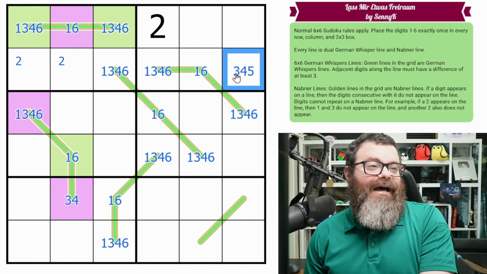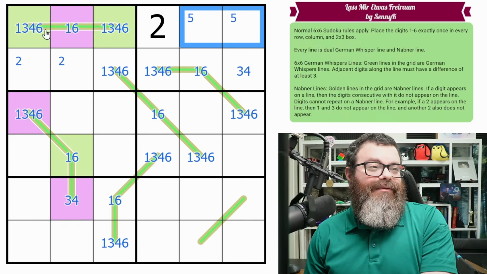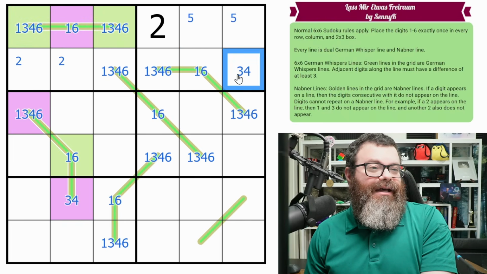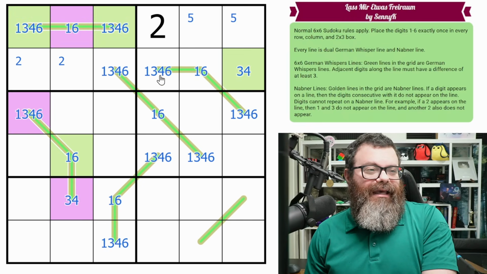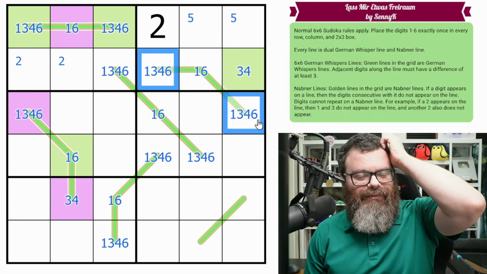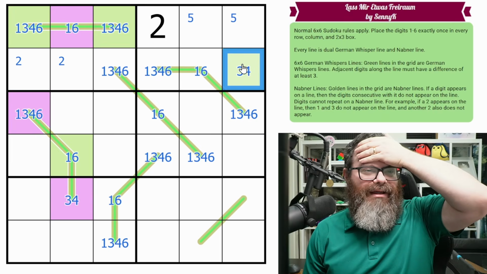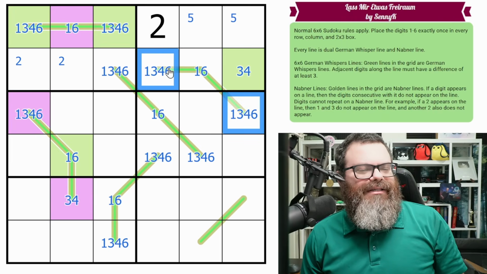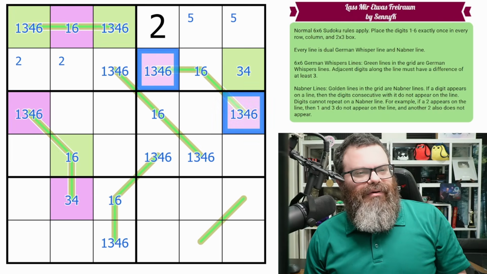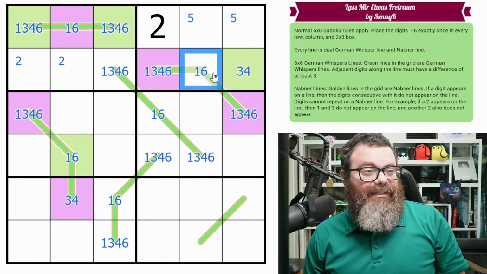Oh, and we can't put a 5 down here. 5 is up here for the row. So we know that the 3, 4 is going to be the green 3, 4. And so we know one of these is going to be 3, 4. And whichever one it is, it cannot be the green one because the green one is here and it sees them both. So this has the purple 1, 4 and the purple 1, 6. And so this is the green 1, 6.